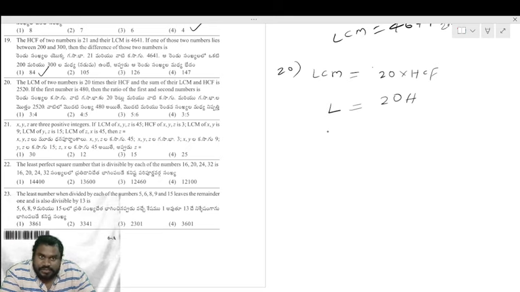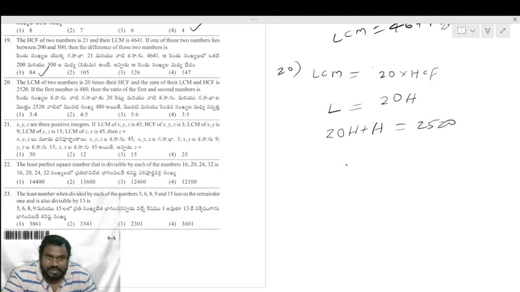Now 20H plus H, LCM plus HCF, is equal to 2520. So 21H is equal to 2520. You can take it as x and y also, there's no difference. Then H equals 2520 divided by 21.